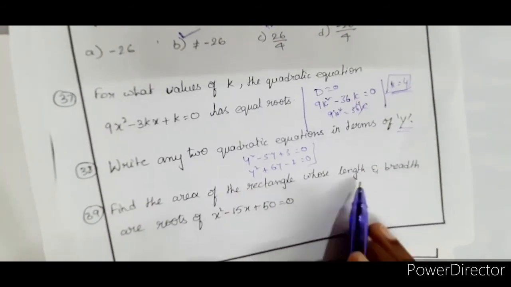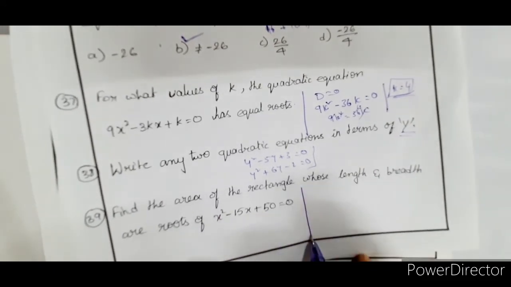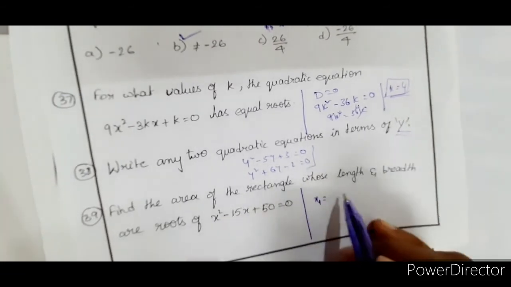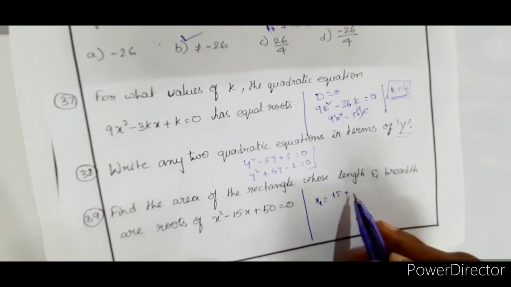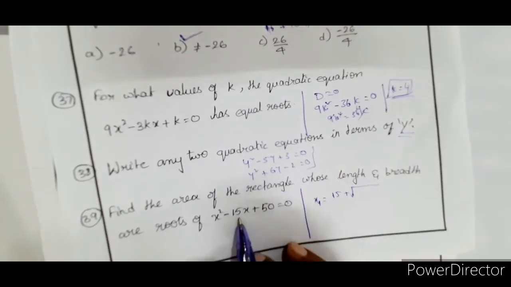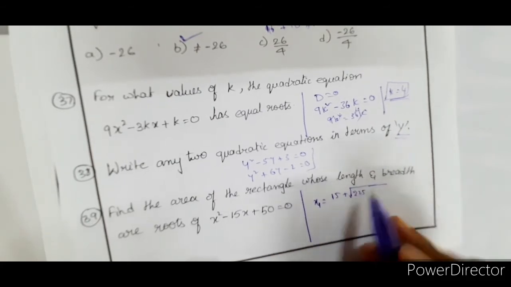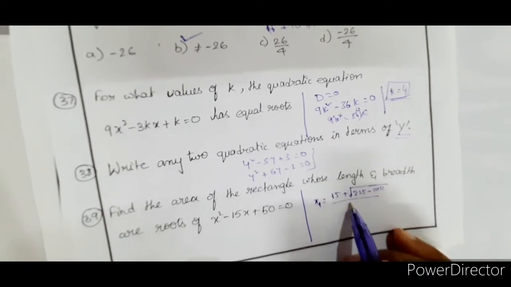Find the area of the rectangle whose length and breadth are the roots of this one. So what you have to find out is, first find the roots. x1 is equal to minus b, that is 15, plus the square root of b square minus 4ac. So what is b square? 225, minus 4ac is minus 200, by 2a which is 2.